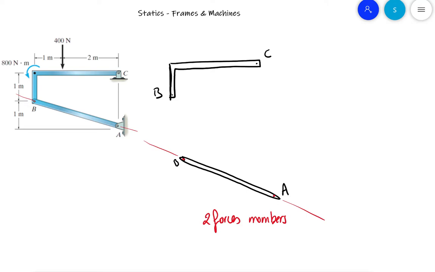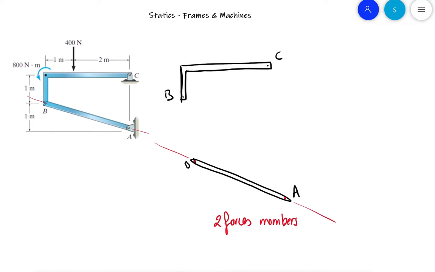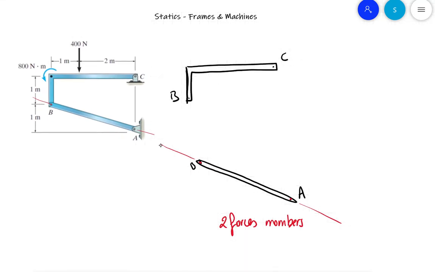Now for the direction, is it compressed or in tension? So we push on with the 400 Newton and we rotate also in this direction, so probably compression. And if we don't guess the right direction with compression and tension, we will have the answer when we solve for the force with the L shape, with the equation of equilibrium.